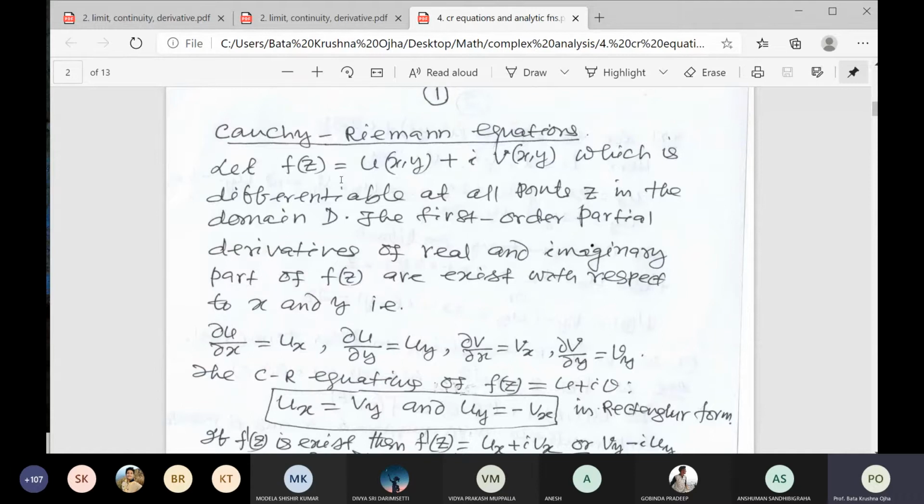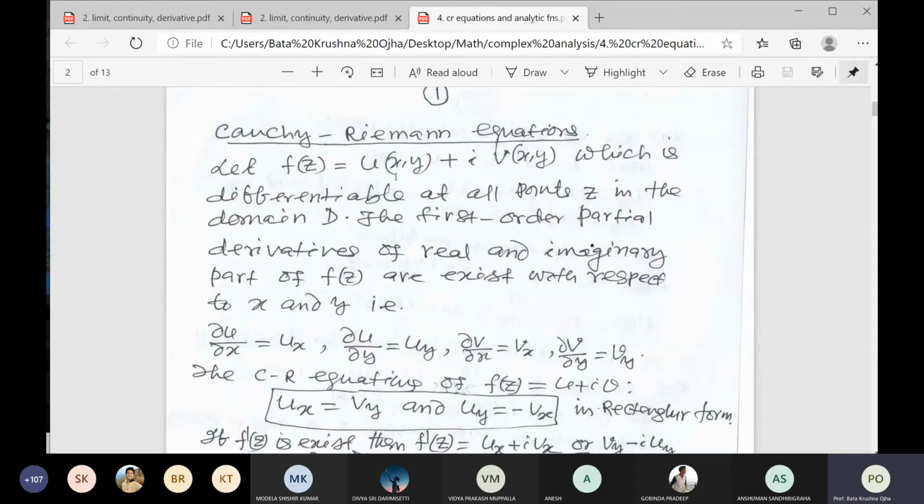Partial derivative means if you differentiate u with respect to x, where u is a function of x and y, the other variable is treated as a constant. Or if you take the derivative of u with respect to y, at that time x is treated as a constant, and that derivative is called partial because it is differentiated only with respect to y.